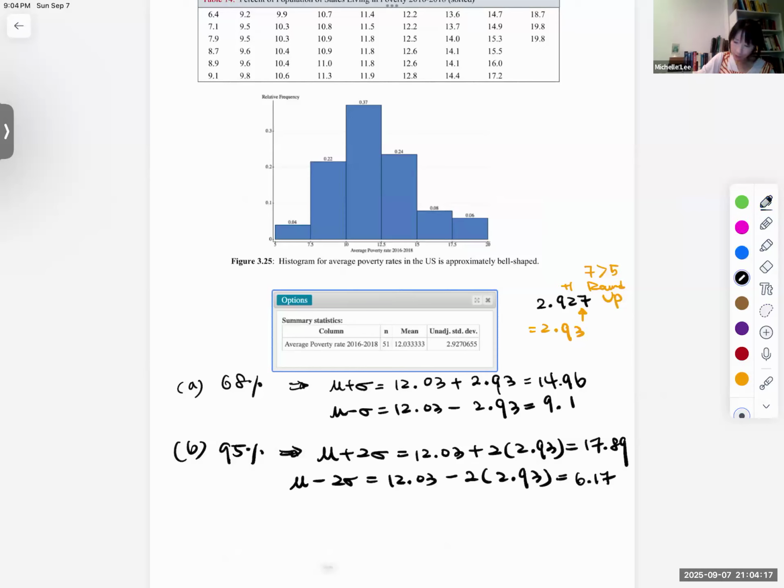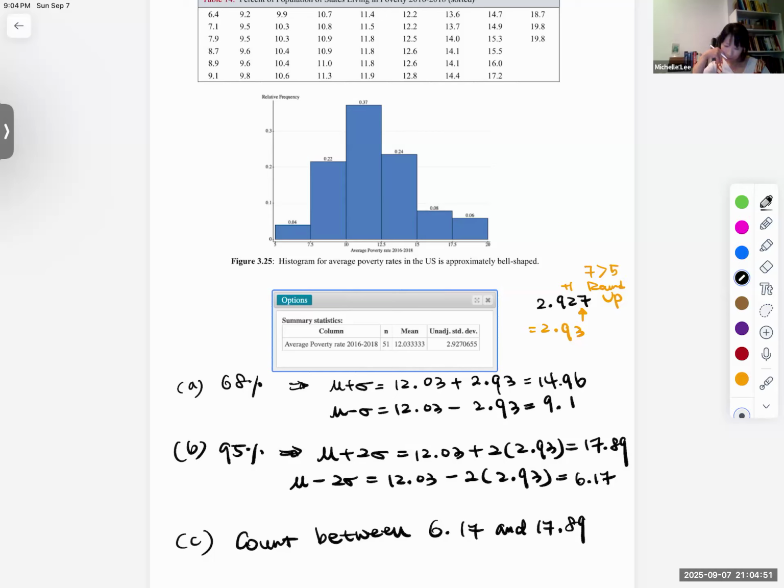So C, the actual, will be to count between 6.17 and 17.89. How many are there? That's the percent, because they talk about the poverty rate.